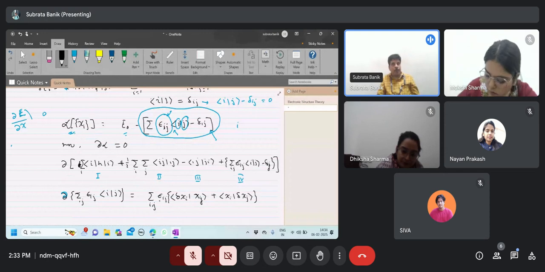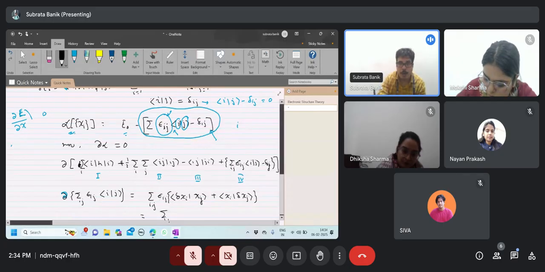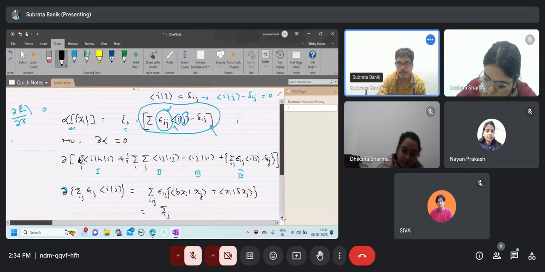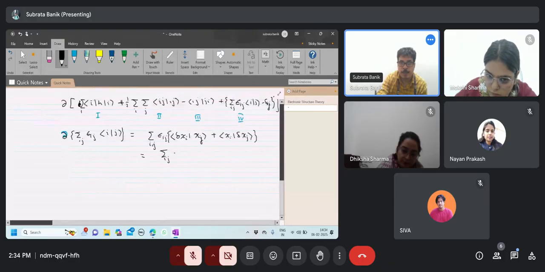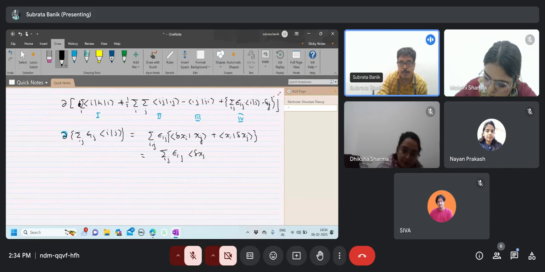So what we get here is the sum over i j of epsilon ij delta chi i chi j, plus complex conjugate.